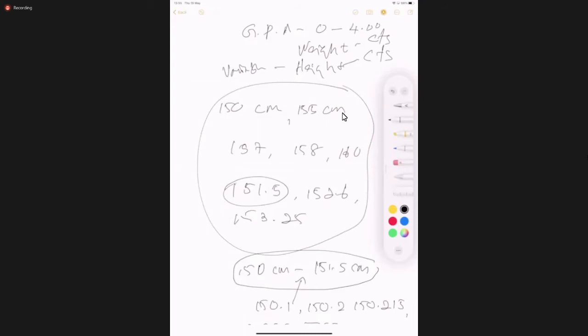We cannot count them. Therefore, GPA can be continuous data. I hope you understood the difference between continuous and discrete terms, right?